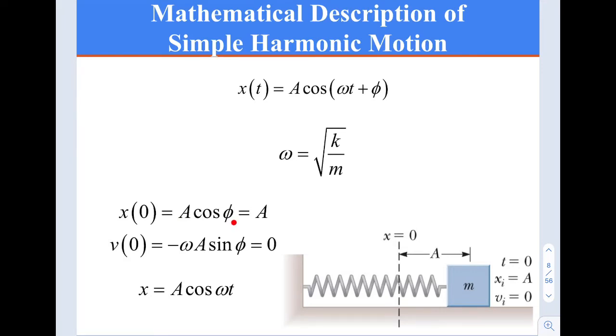If you don't have phi, it is equivalent to A only. And then for velocity at t equivalent to 0, it is equivalent to negative omega A sine phi, equivalent to 0. So x is equivalent to A cos(omega t).